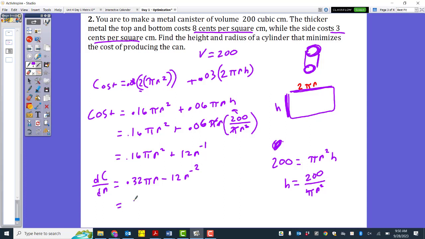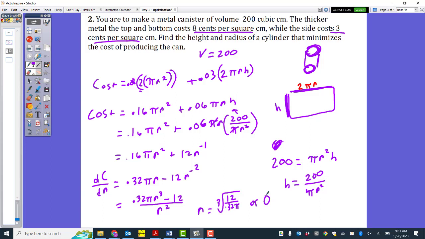So this is going to be 0.32 pi r cubed minus 12 over r squared. And we end up being able to find two places where this could be minimized. r ends up equaling the cube root of 12 over 0.32 pi, or it equals 0.